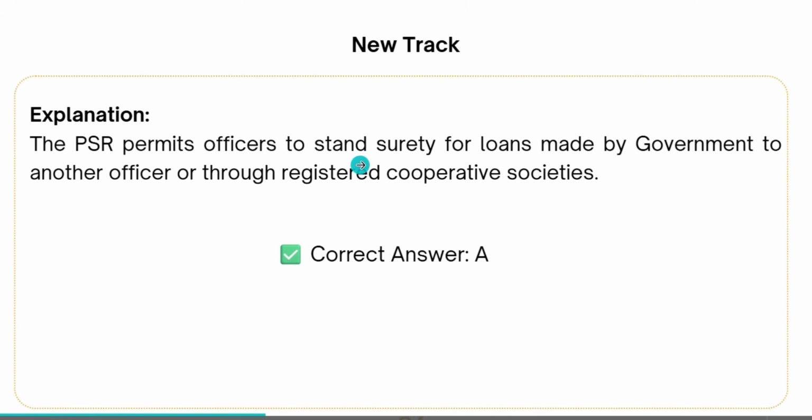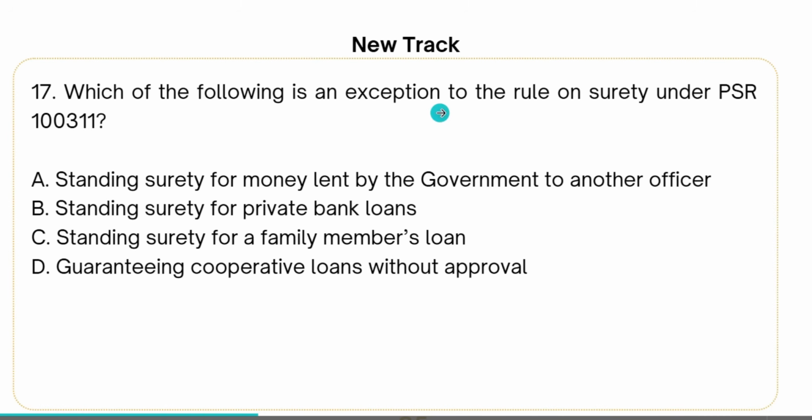The PSR permits officers to stand surety for loan made by government to another officer or through registered cooperative society. Which of the following is an exception to the rule on surety under PSR? So the right option here says option A, surety for money lent by government to another officer.